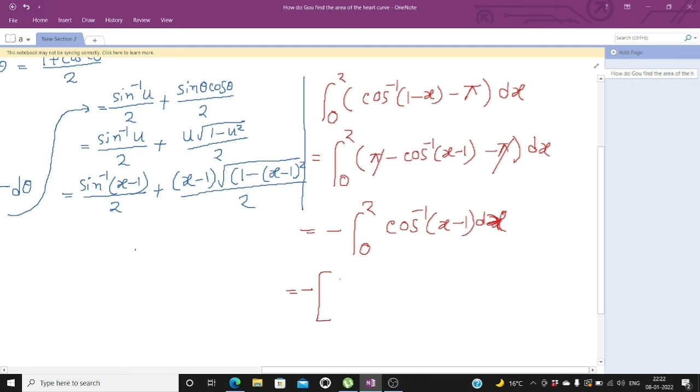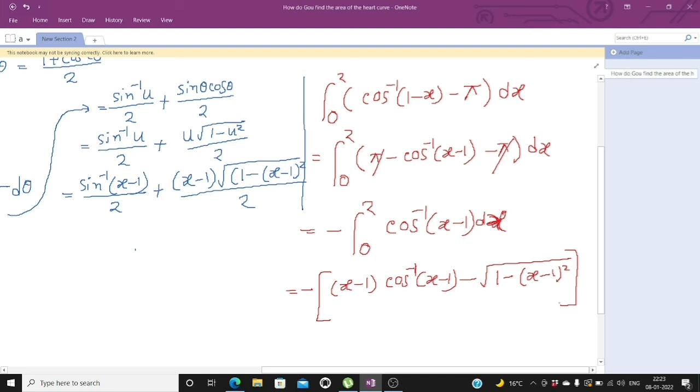I will write down the result for you, but you can check it by the by-parts process: (x minus 1) cos inverse of (x minus 1) minus root under 1 minus (x minus 1) whole square.